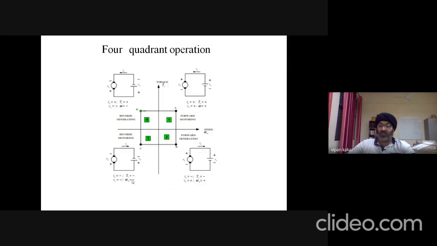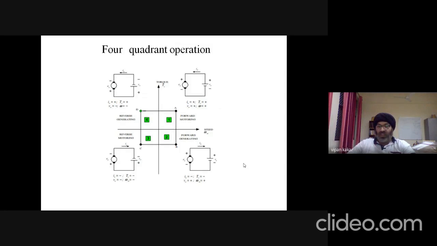Reverse motoring is completely reverse compared to quadrant 1. And reverse generating, completely reverse compared to quadrant 2, is where current becomes positive, voltage becomes negative, torque is now positive, and speed is now negative.